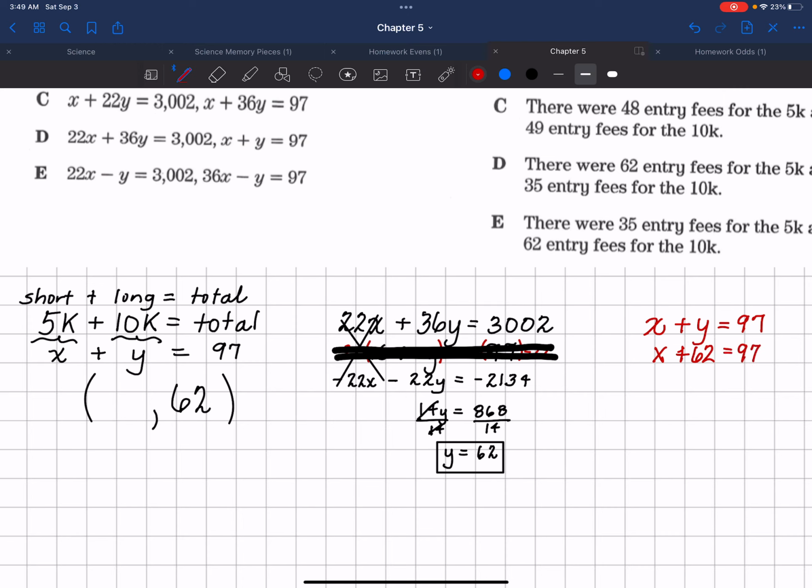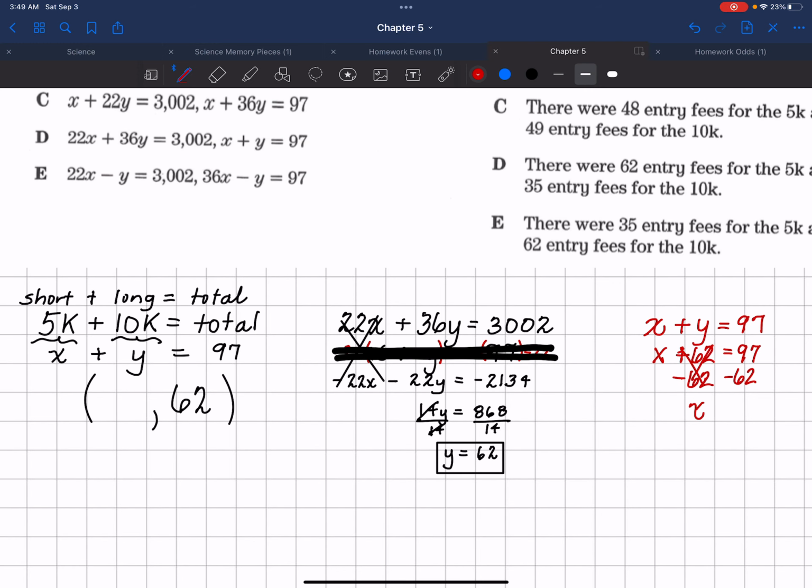So the x's will be 35. So there were 35 of the short racers and 62 of the long racers.